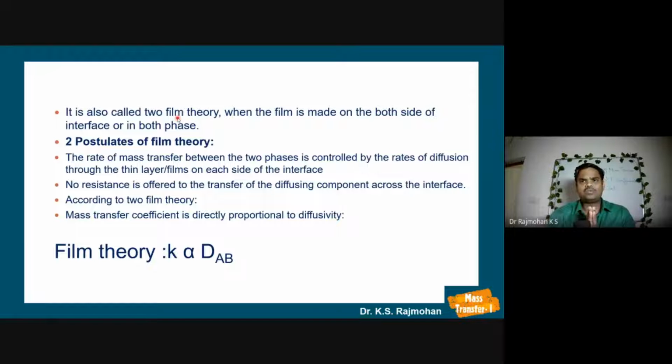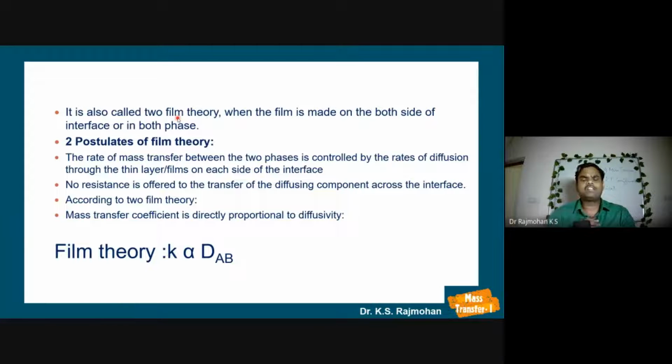Right now, in this two film theory, there are a few postulates. The rate of mass transfer between the two phases is controlled by the rate of molecular diffusion through the thin layers on either side of the interface, that can be the gas film and the liquid film, and beyond that no resistance is offered to the mass transfer. That means a uniform concentration exists in that region.